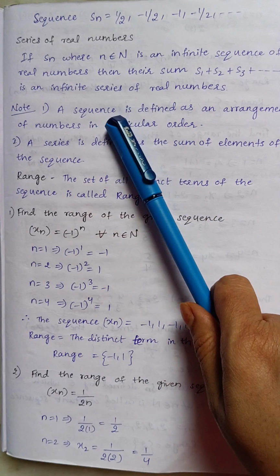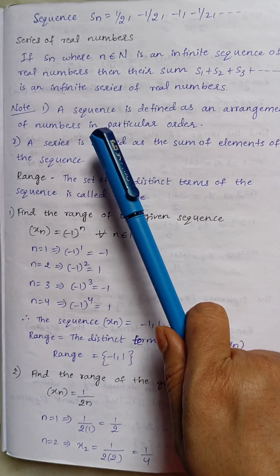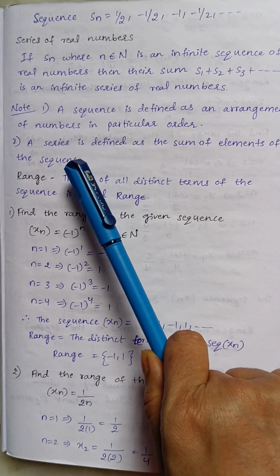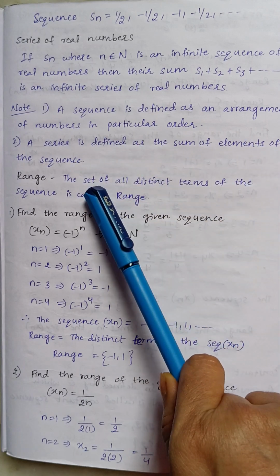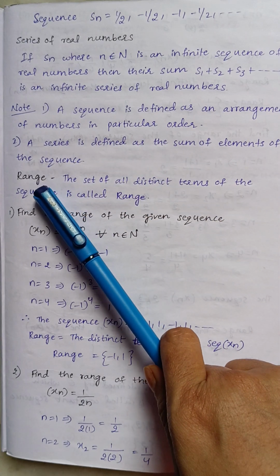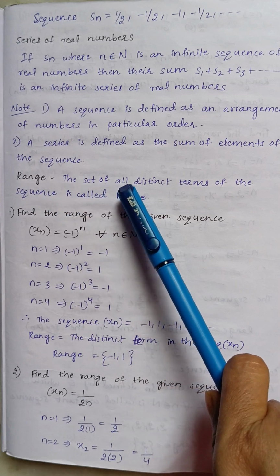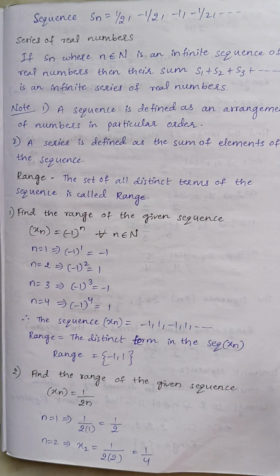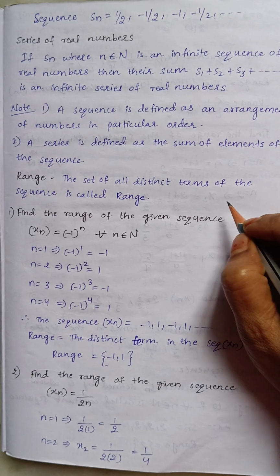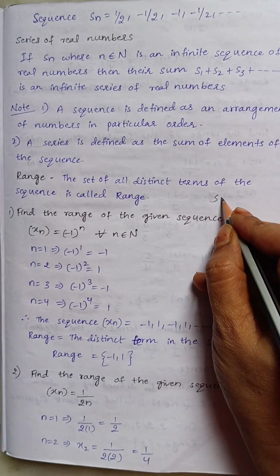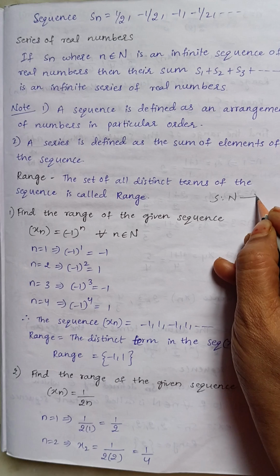So a sequence is an arrangement of numbers in a particular order, whereas a series is the sum of the elements of the sequence. Now, what is the range? The set of all distinct terms of the sequence. Already we discussed that a sequence is a mapping from natural numbers to real numbers.